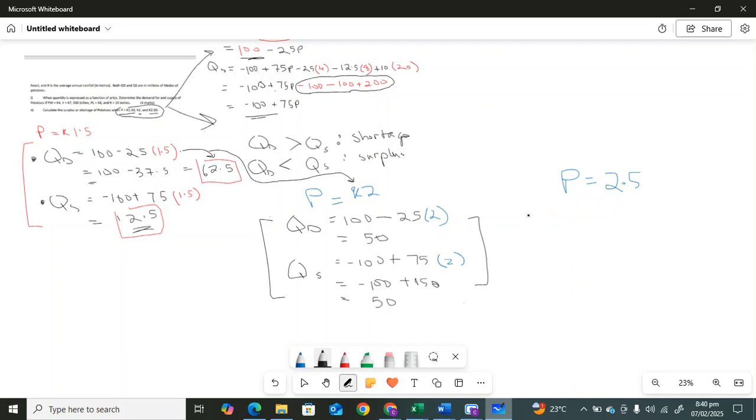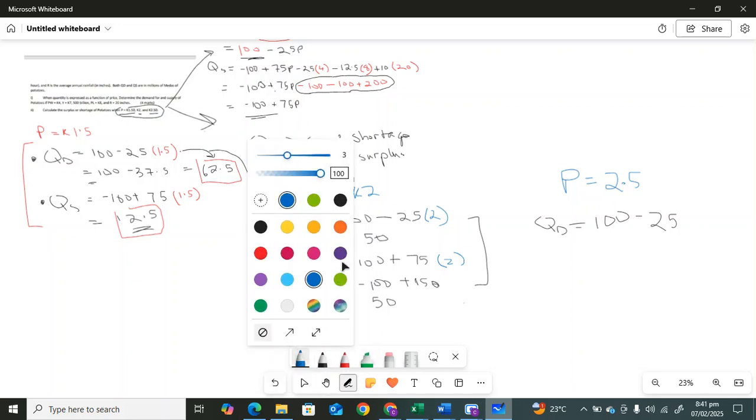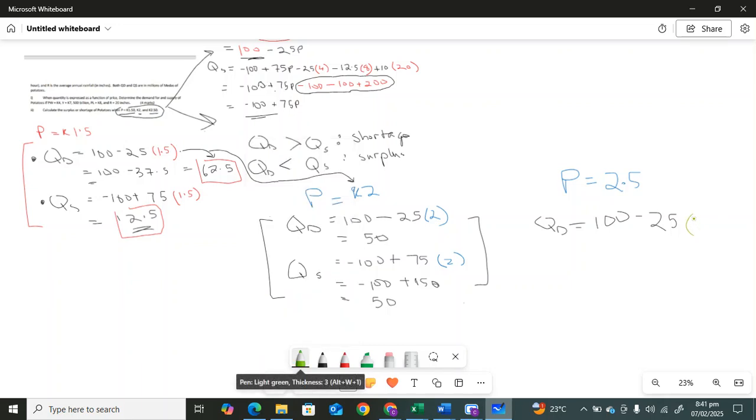So when the price becomes 2.5, quantity demanded QD equals 100 minus 25p. So we substitute p with 2.5. So 25 times 2.5, 62.5.